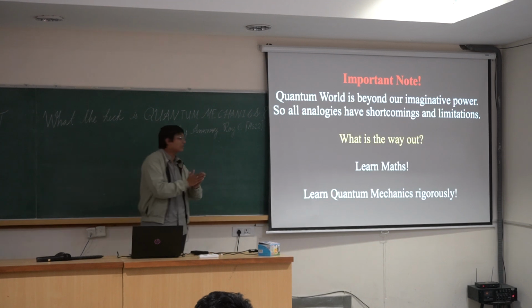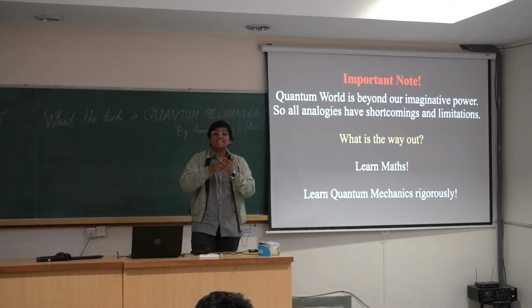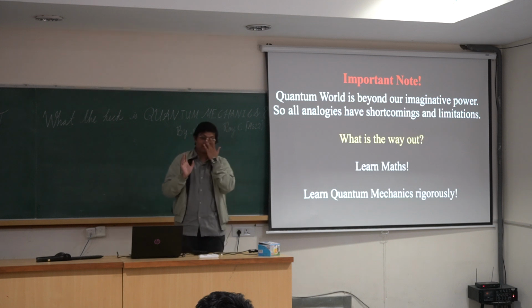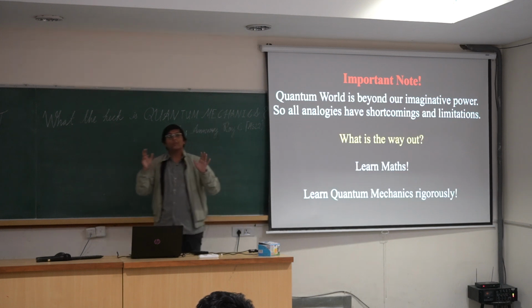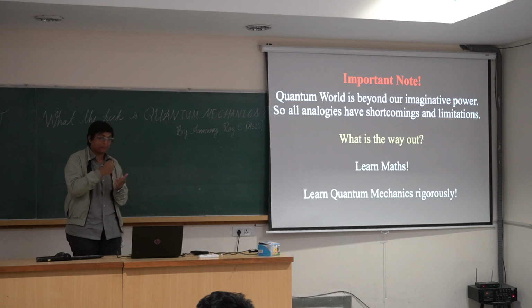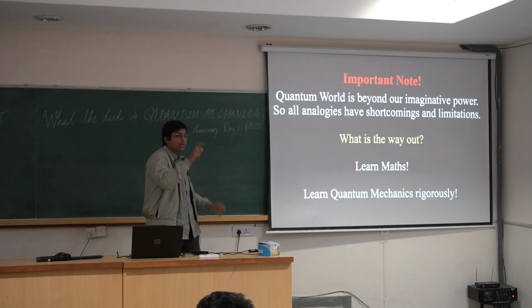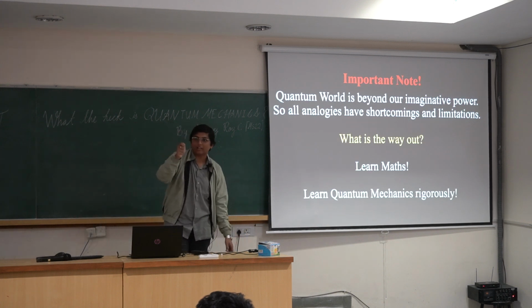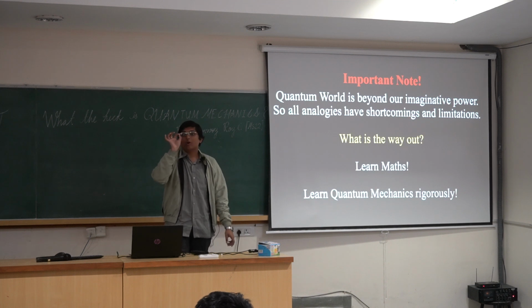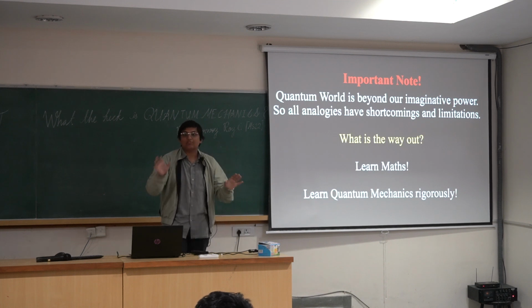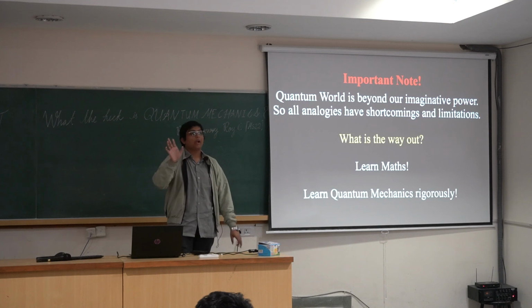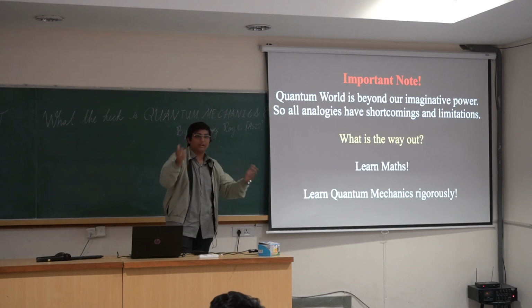As a mathematical visualization, I can also visualize in terms of matrices. That's also a sort of visualization, and that analogy will have little or no shortcoming or limitation. So you have to get the mathematical way of visualization.